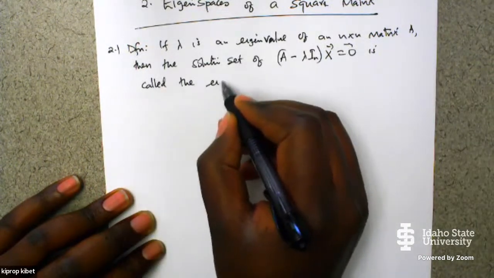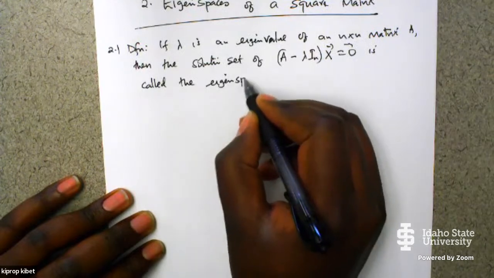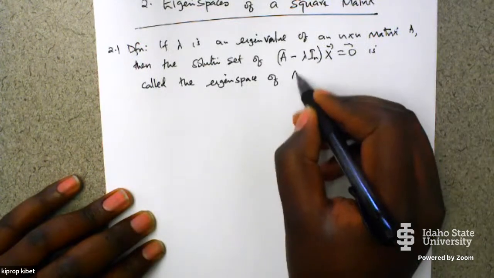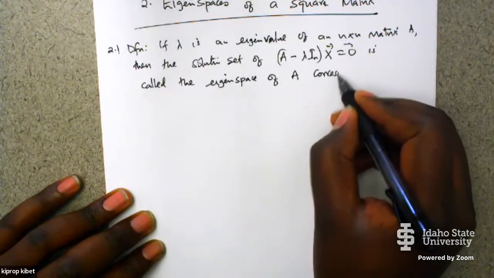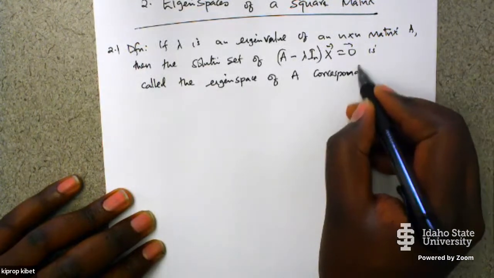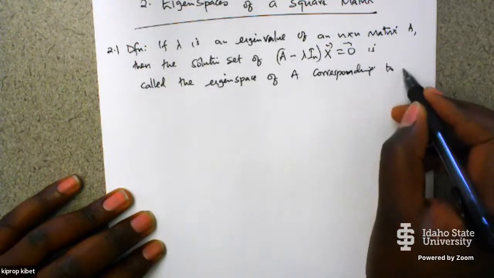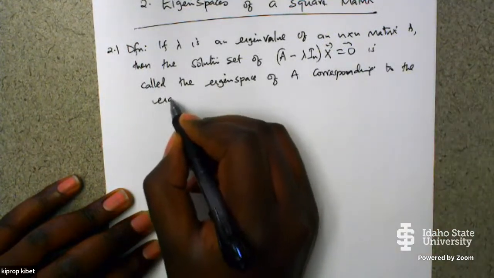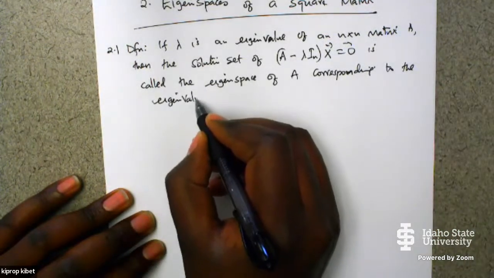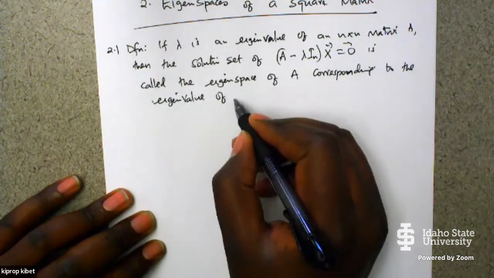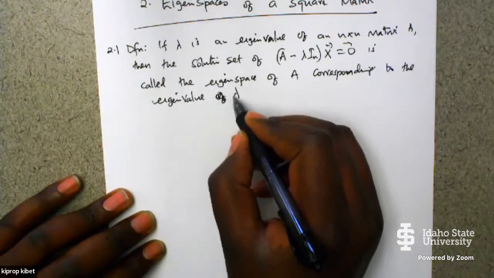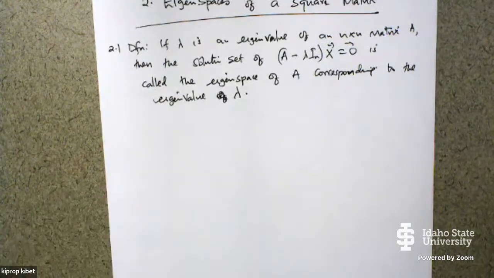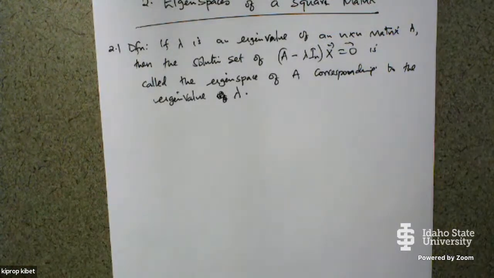the eigenspace of A corresponding to the eigenvalue lambda.